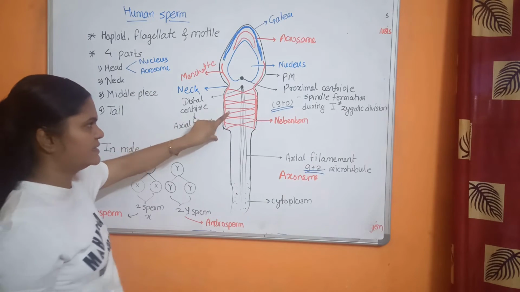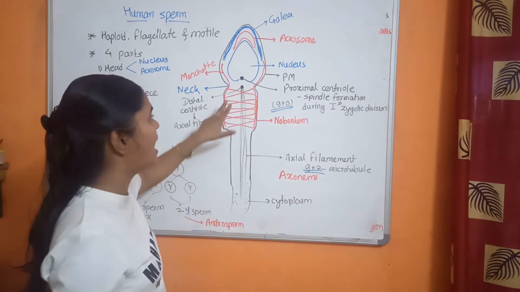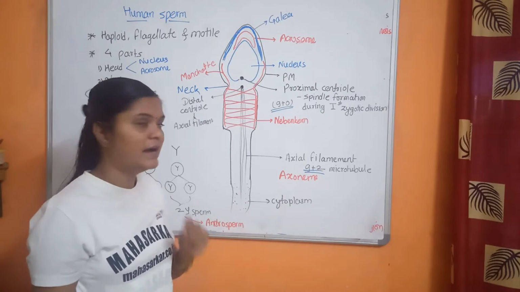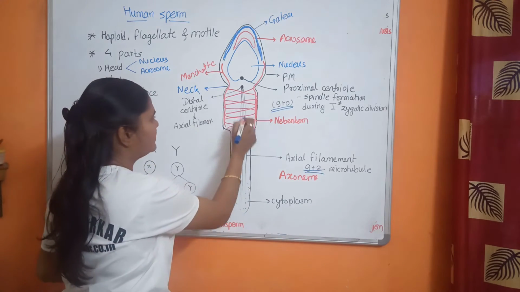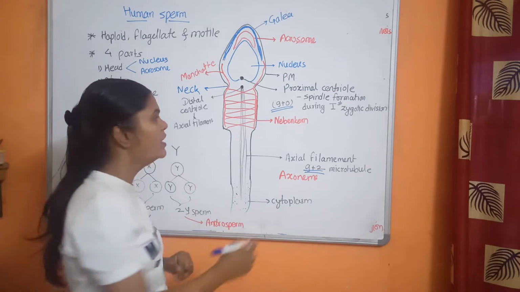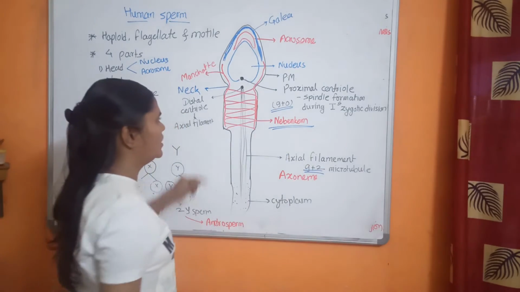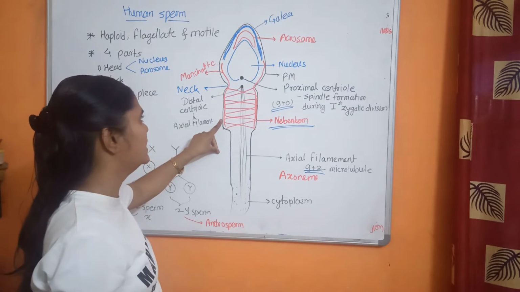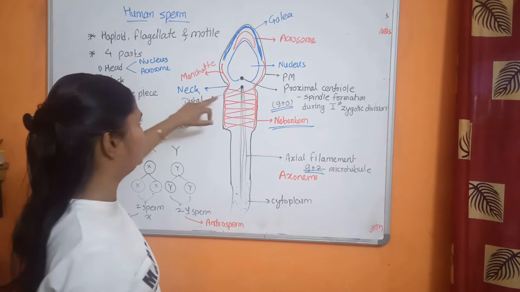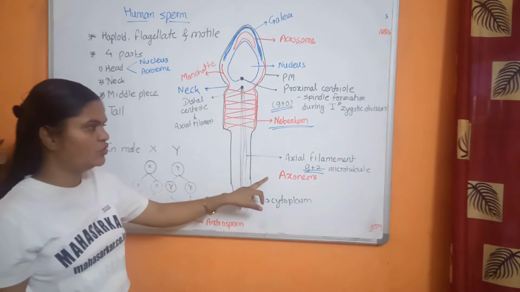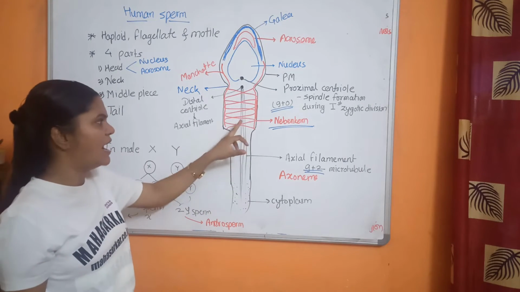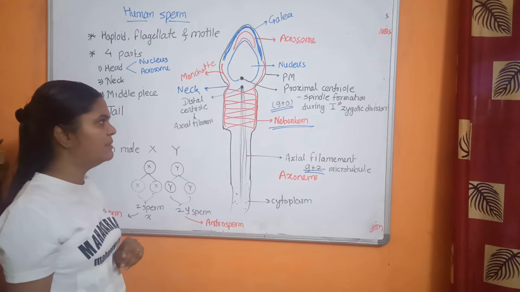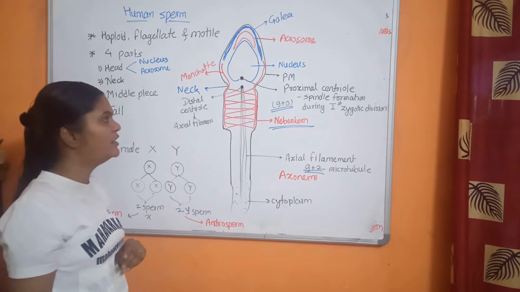It contains the axoneme and mitochondria, and the mitochondria are spirally arranged. We call them the Nebenkern. So this middle piece contains the axoneme and the Nebenkern. Nebenkern means spirally arranged mitochondria.